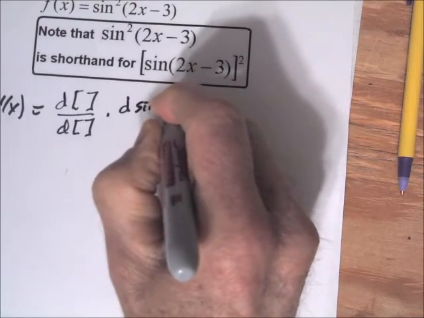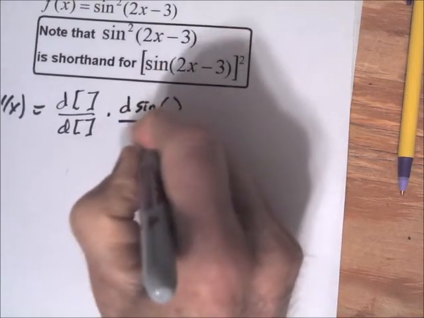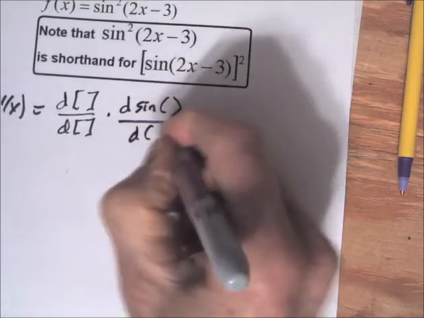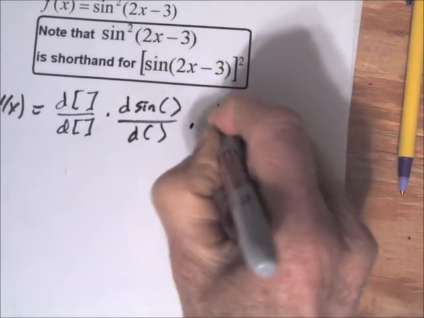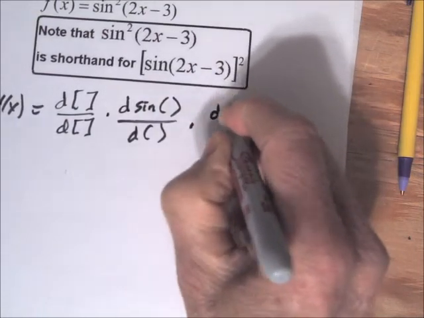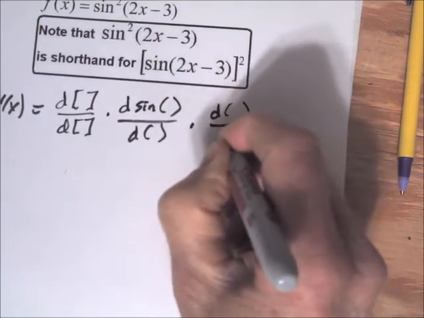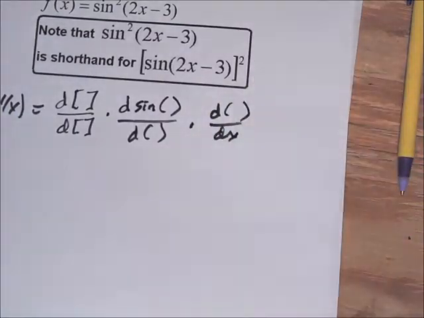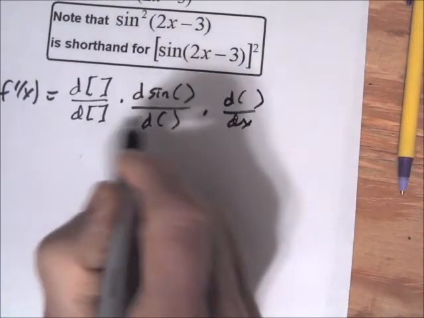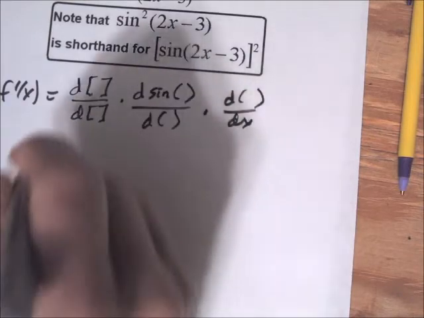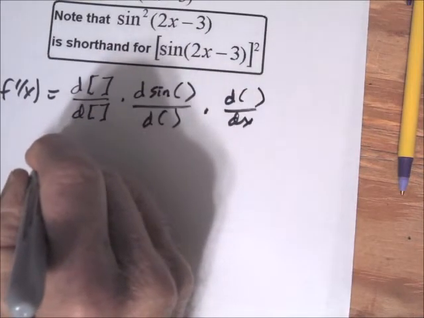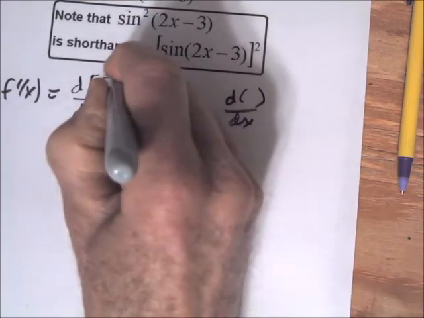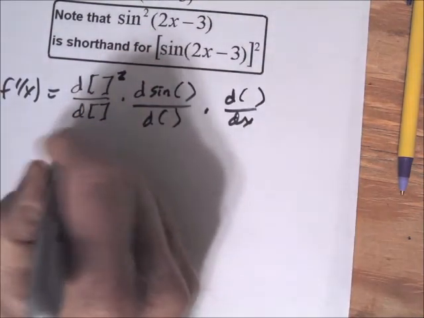We have the derivative of sine of something with respect to that thing, and then we have the derivative of the inside function with respect to x. Okay, so we have an outside, a middle, and an inside. This should be squared here.